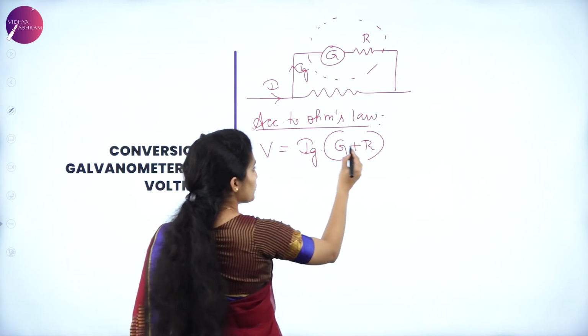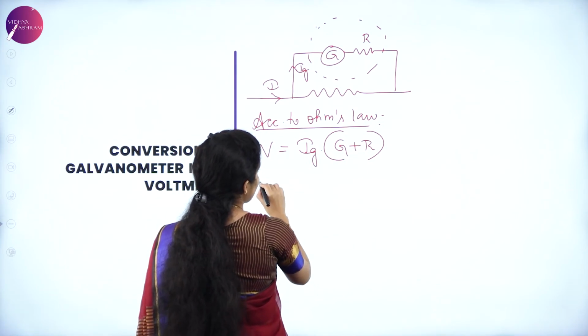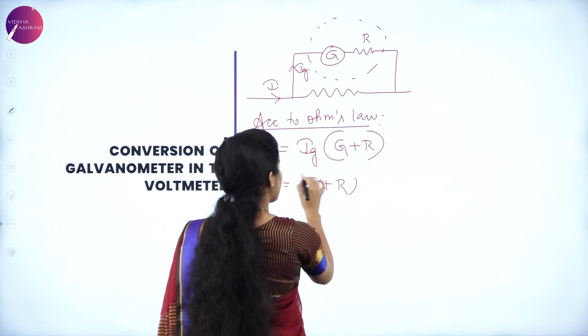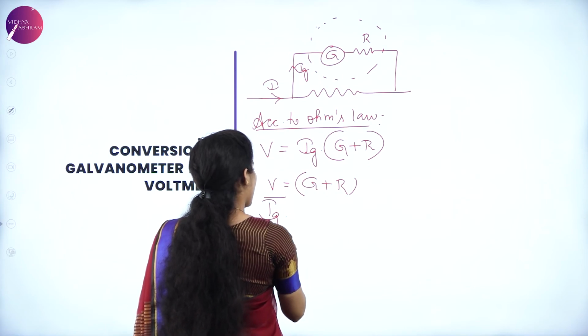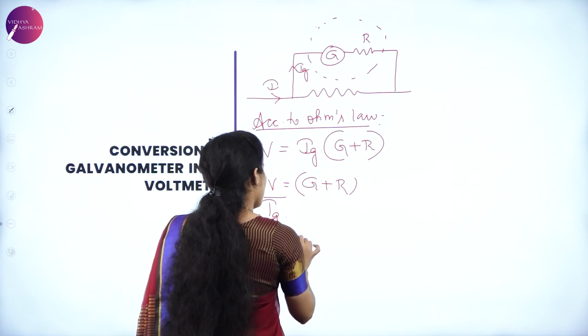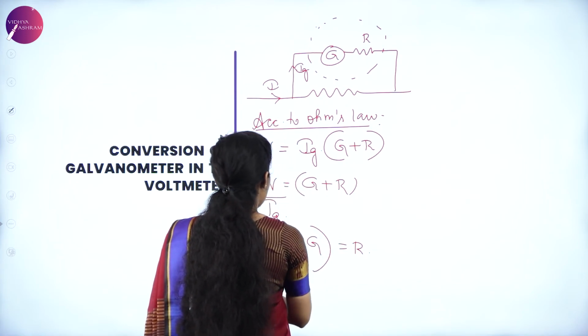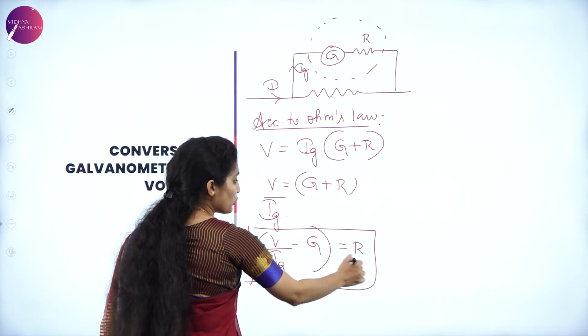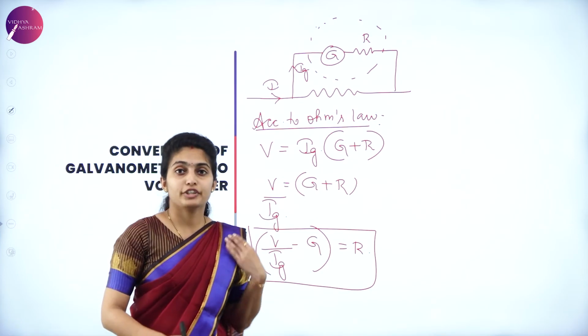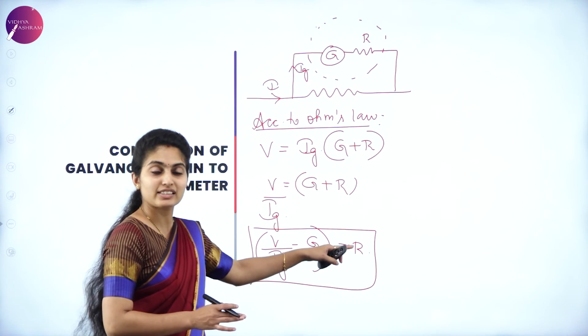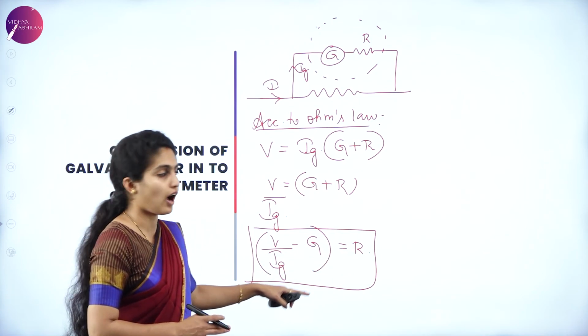So in order to know the resistance R, V is equal to G plus R divided by Ig, and V by Ig minus G gives you the value of R. Then we will get to know what value of R in ohms we are supposed to connect in series with it. So we'll get the maximum, high value of R over here.